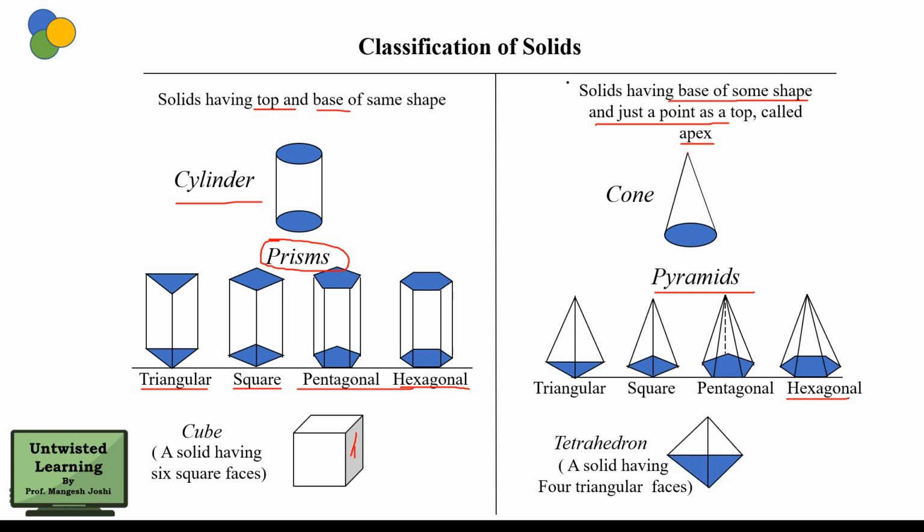And in pyramids, one special type of triangular pyramid is called a tetrahedron. A triangular pyramid will have three isosceles triangles, but in the tetrahedron case you will have three equilateral triangles along with the base, which is also an equilateral triangle. That means a solid having four equilateral triangular faces. So this is the case of the tetrahedron.